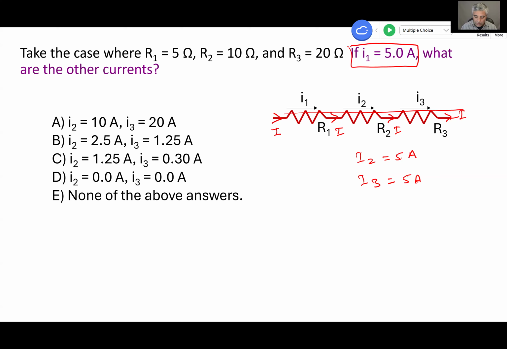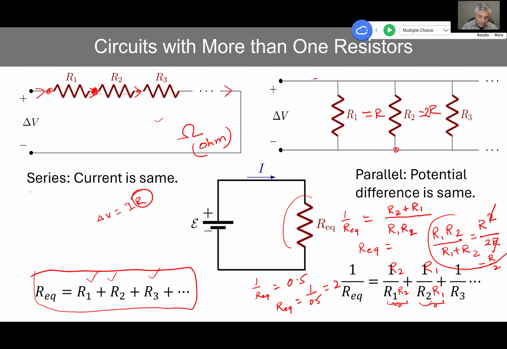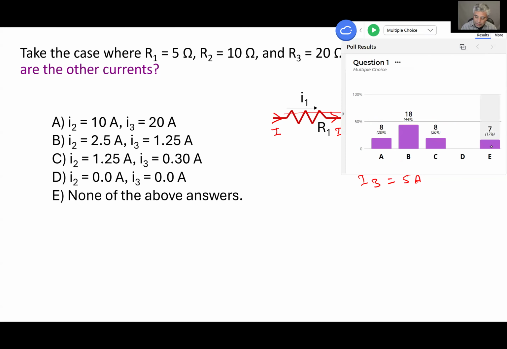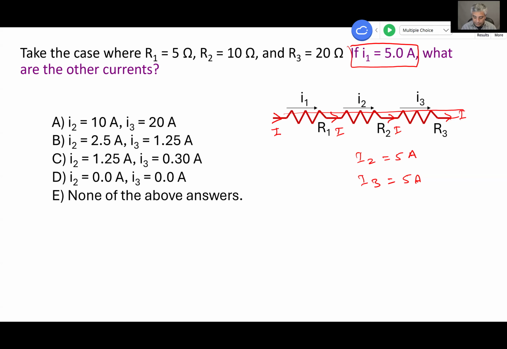Why are we supposed to know that? That's what we talked about right here, okay? They are the same, and none of these choices have that. So that's why E is the correct answer in this case.